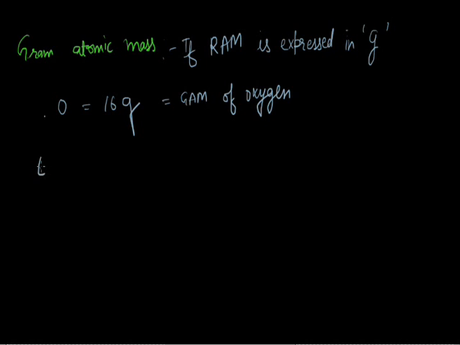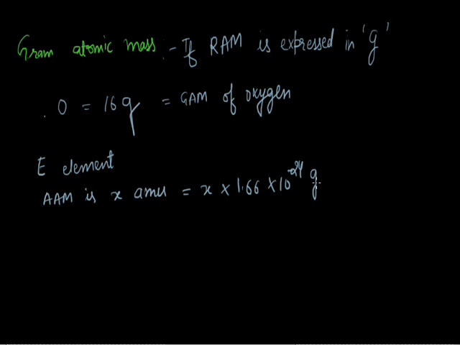Suppose there is an element E and its absolute atomic mass is x amu. It will be equal to x into 1.66 into 10 raised to the power minus 24 gram. Absolute atomic mass is the mass of one atom, so x into 1.66 into 10 raised to the power minus 24 gram is the mass of one atom.